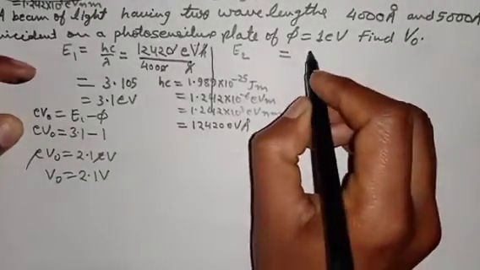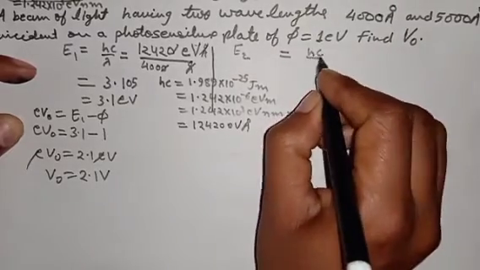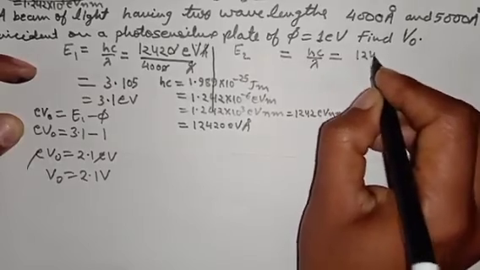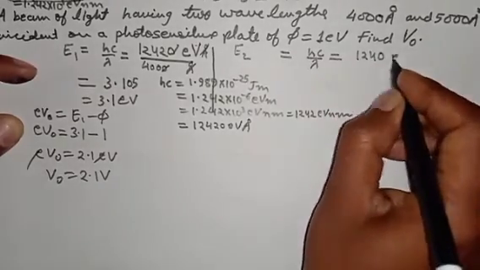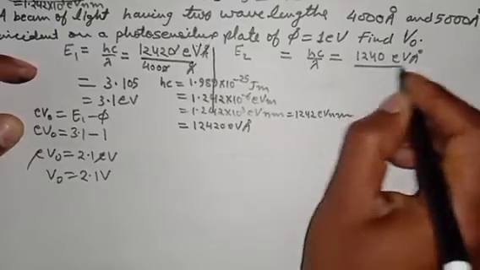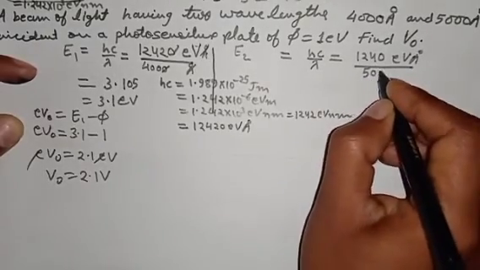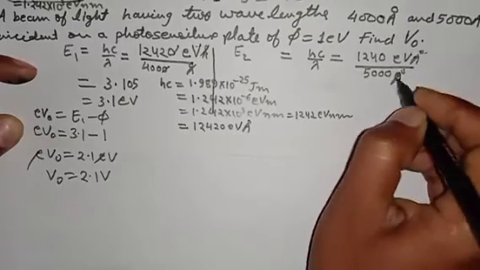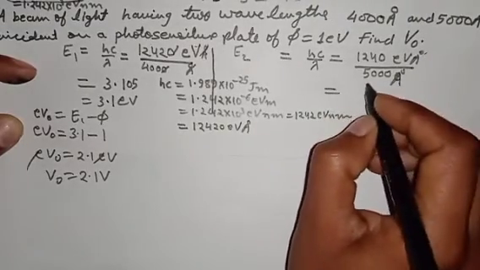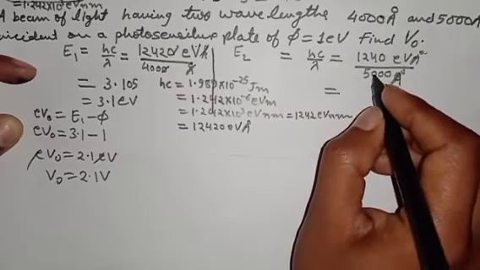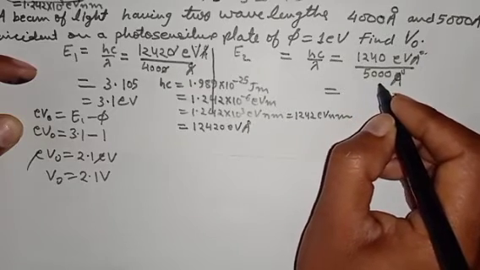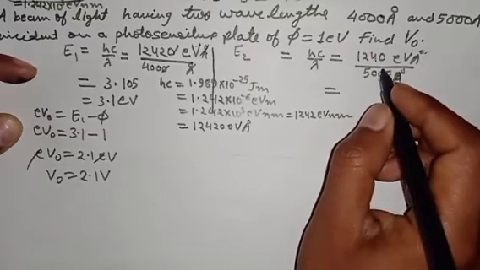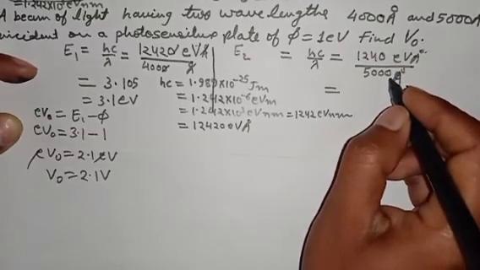And in the same way here, hc by lambda, so 1240 eV angstrom upon 5000 angstrom. Angstrom will get cancelled, and we will find this will also get cancelled.